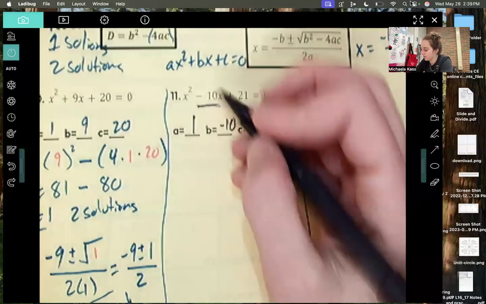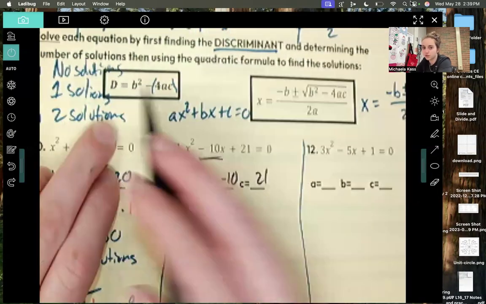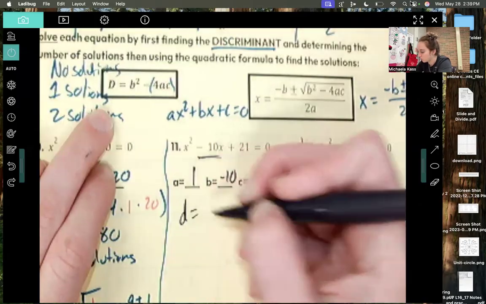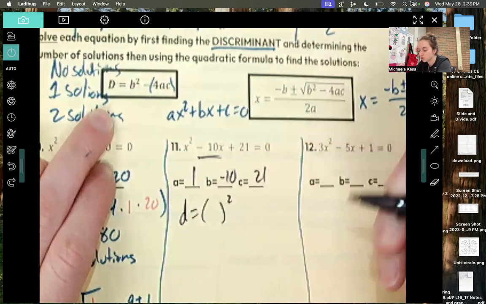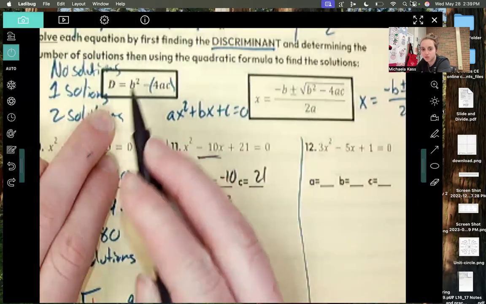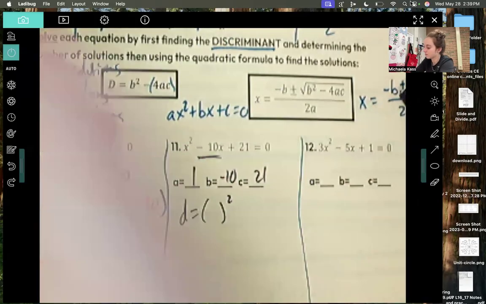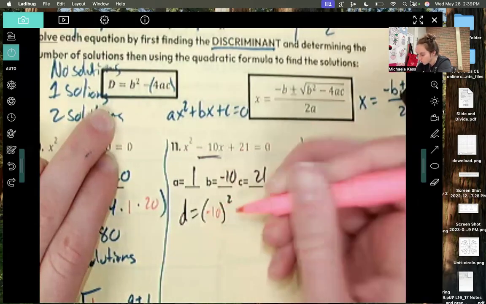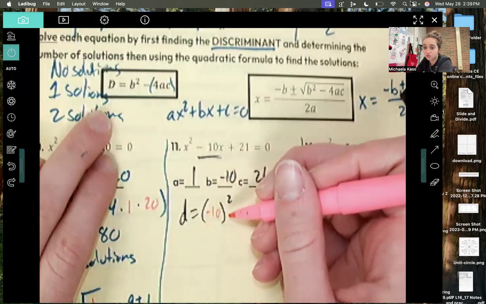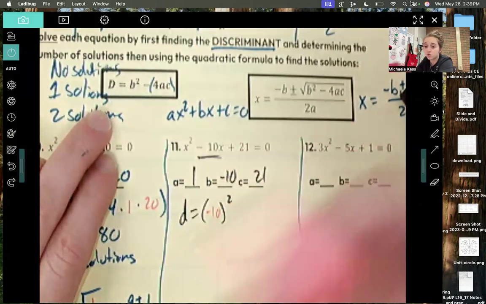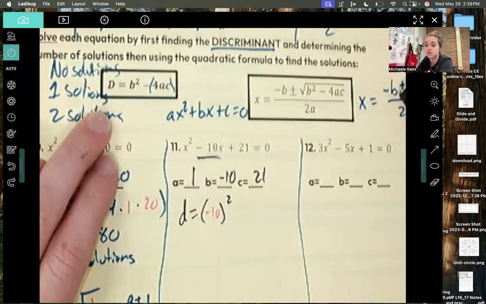All right, discriminant. Following this equation right here up at the top, we got D equals parentheses, something being squared. B is being squared, so we're going to plug in a negative 10. If you don't use parentheses, your teacher will yell at you because you're getting the wrong answer every single time you do this, till you learn to use the parentheses.